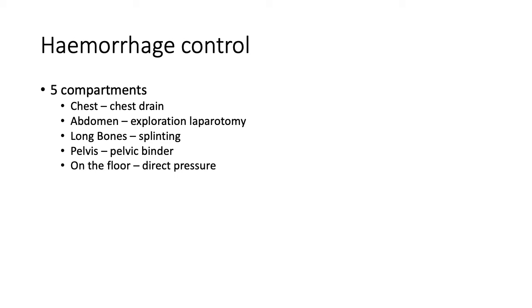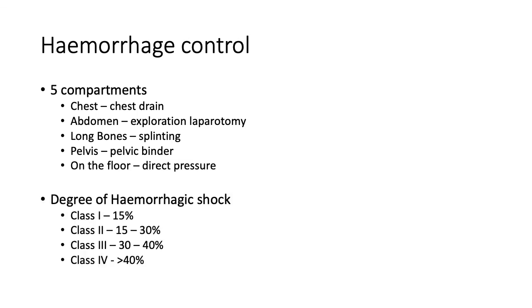The degree of hemorrhagic shock can be divided into 4 classes depending on the amount of total blood volume loss. Class 1 is up to 15%, Class 2 is between 15 to 30, Class 3 is 30 to 40, and Class 4 is more than 40%.